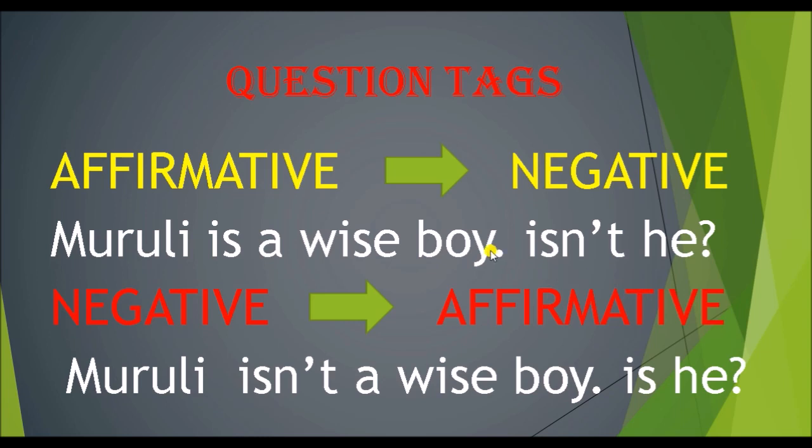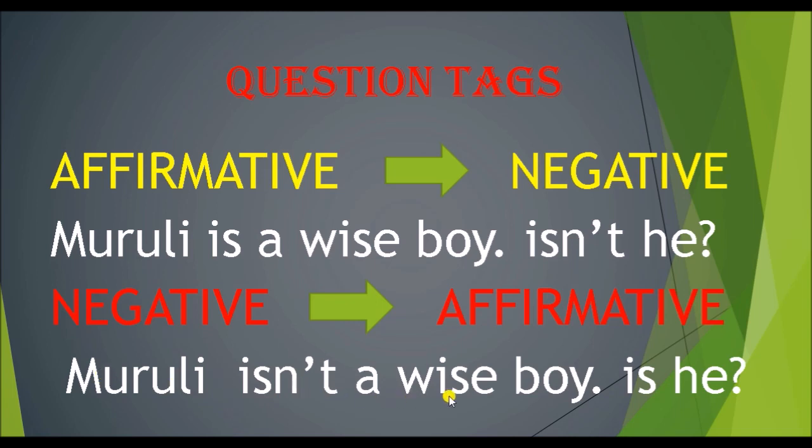If the sentence has be as the main verb, see what happens. Murali is a wise boy, an affirmative statement, isn't he? If the statement is positive, the tag should be negative. It is vice versa.